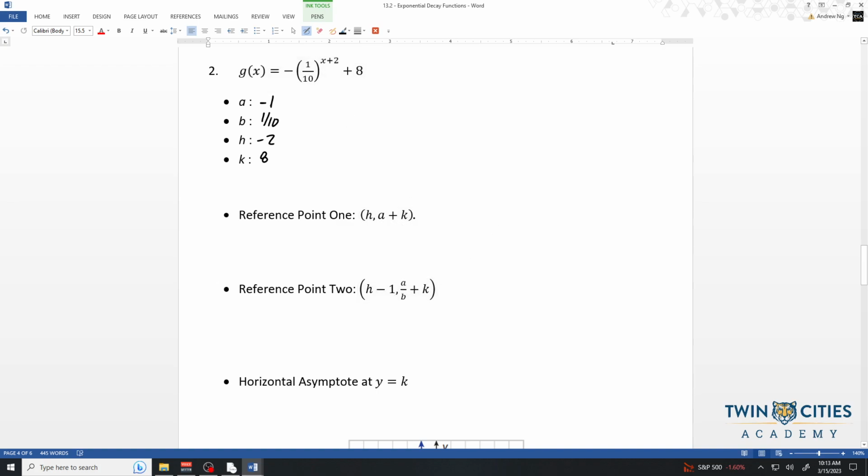Let's find reference point 1 and reference point 2. So let's see, h comma a plus k. So that'll be negative 2, comma, a plus k is negative 1 plus 8. So this is negative 2, 7.